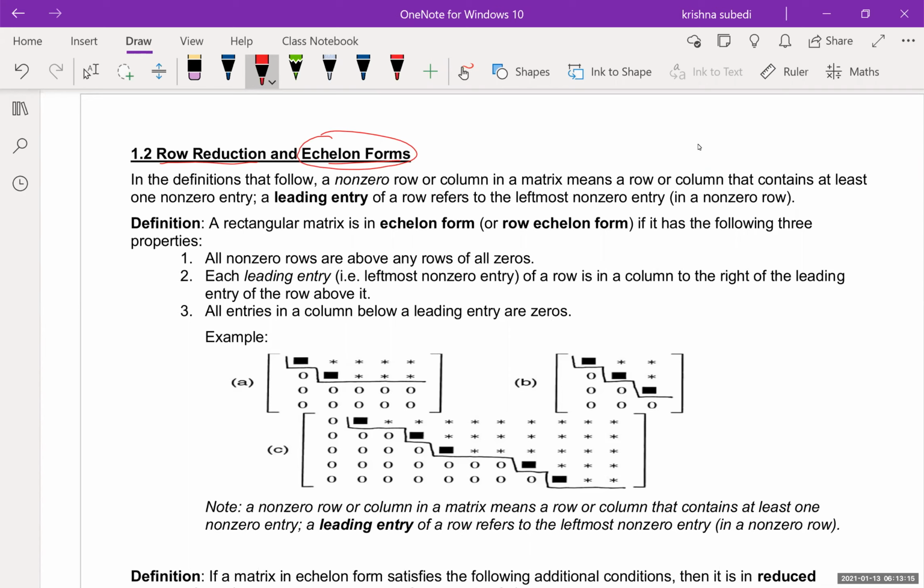So what is echelon form? Here is the definition. A rectangular matrix is in echelon form, or sometimes called row echelon form, if it has the following three properties. I want you to read those three properties.